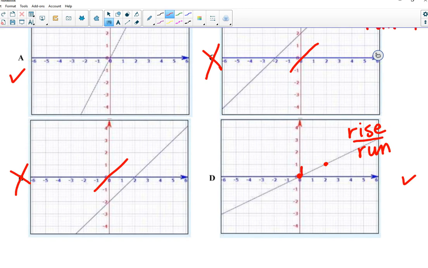I'm going to go up 1 and over 2. So the slope for this is 1 over 2. Is that what the problem told us? No. So because the slope is 1 over 2, it can't be D. It must be A.